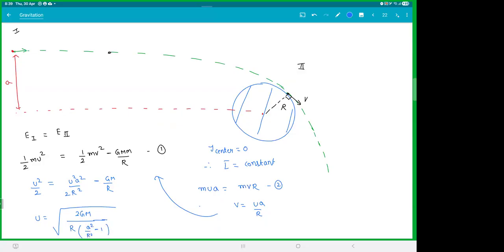That's your answer. This is your minimum speed. If you go anything slower than this, you're going to crash into the planet.